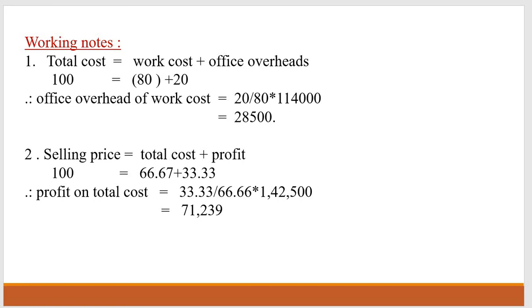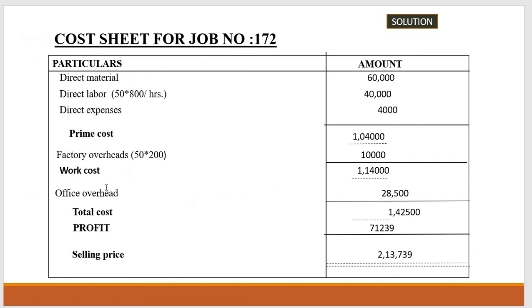Next is total cost. Total cost is equal to work cost plus office overhead.